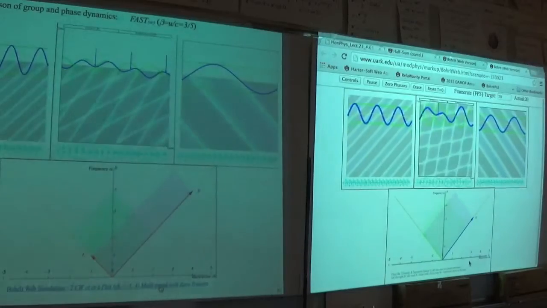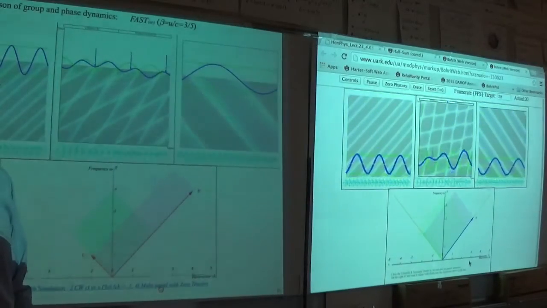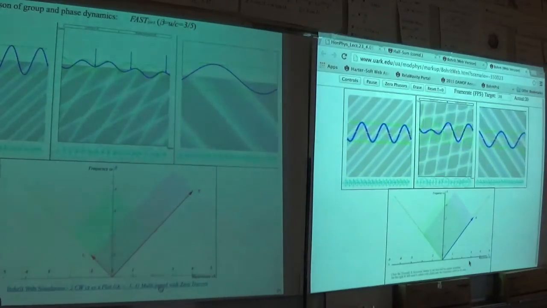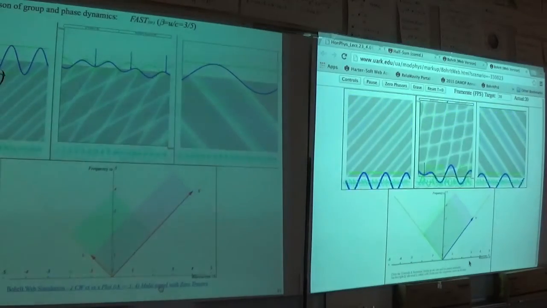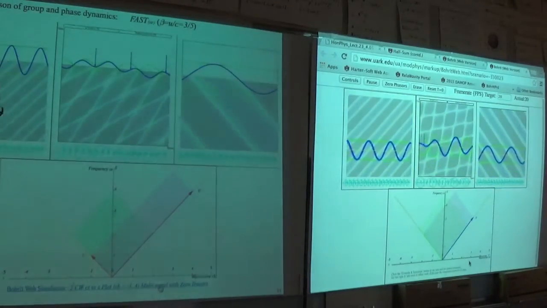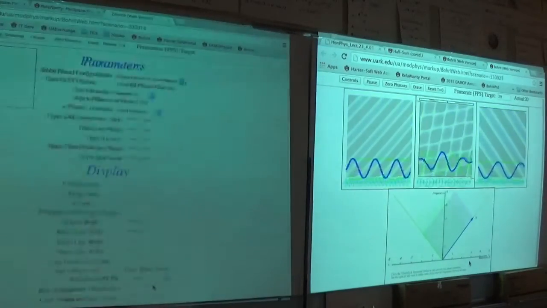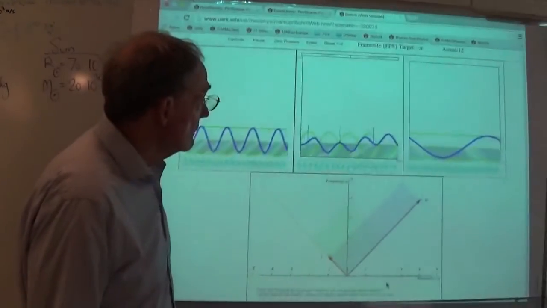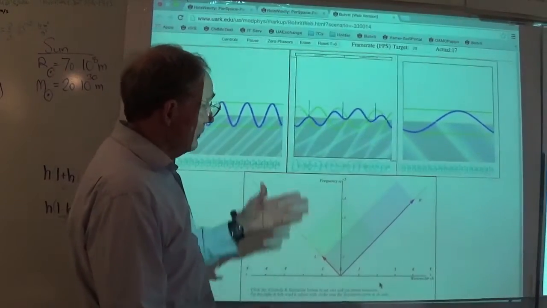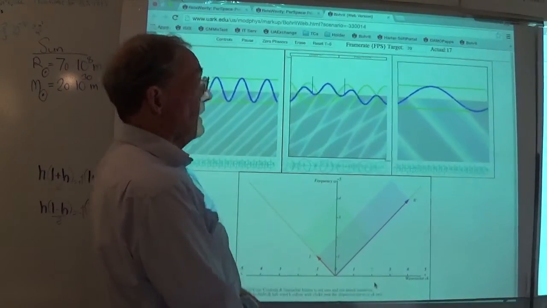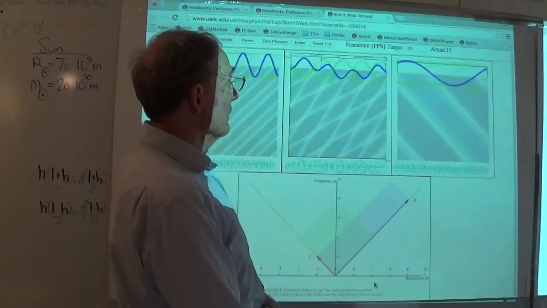It's giving you relativity essentially for free. Now, of course, we have to spend some time analyzing it, but that's fine. And then on this one, the phase has slowed down considerably. It's now only 5/3 the speed of light.